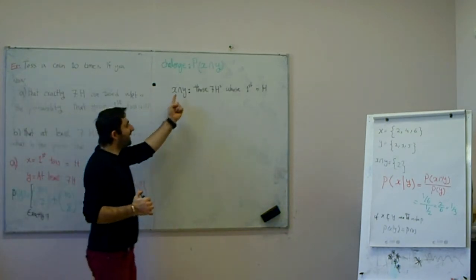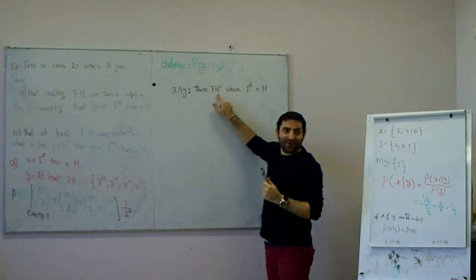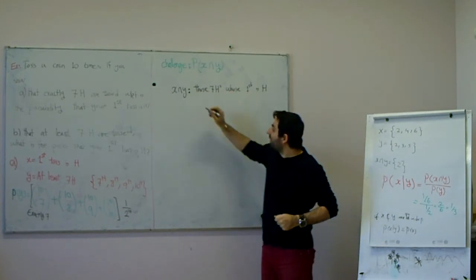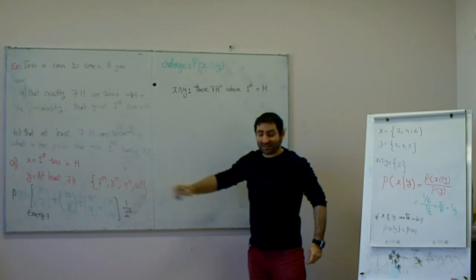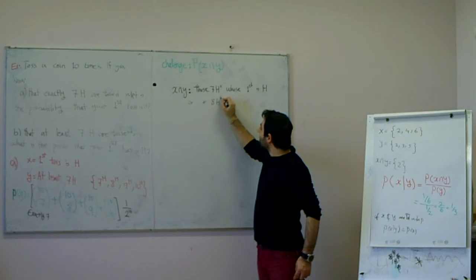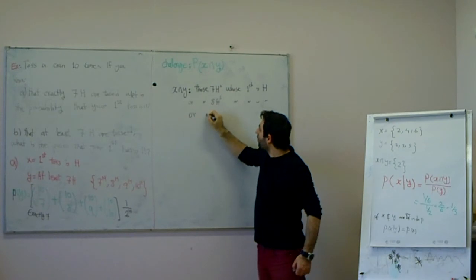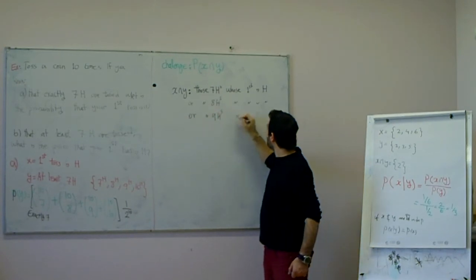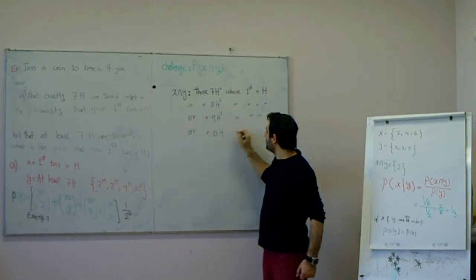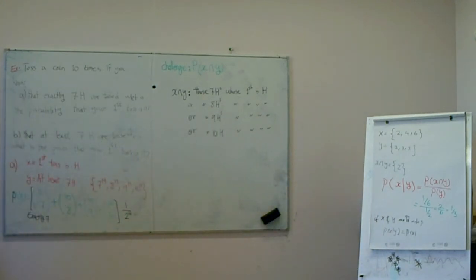X intersected by Y means those of 7 heads whose first is head, but we know that we have at least 7, so it can also be those of 8 heads whose first is head, or those of 9 heads whose first is head, or those of 10 heads whose first is head.